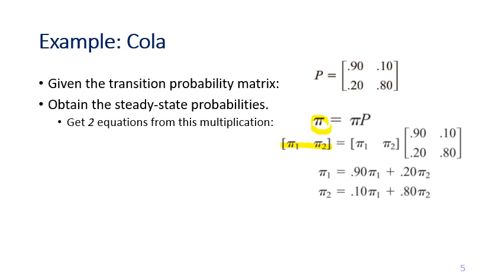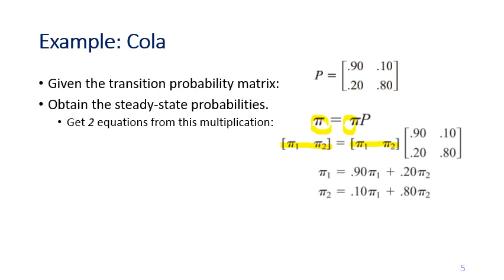We have two states here, so you only have pi_1, pi_2. If your problem, let's say, has 5 states, then the pi vector contains pi_1, pi_2, pi_3, pi_4, and pi_5.